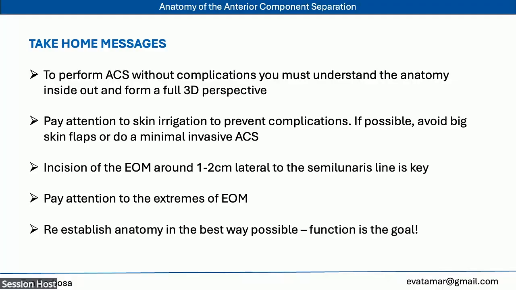Otherwise, you get so many skin complications. Pay attention to the extremes and the external oblique, especially in the upper part, that's very muscular, so you have to cautery well, otherwise you'll have hematomas, and reestablish the anatomy in the best way possible, because function, at the end of the day, is our goal in our patient. Thank you so much.